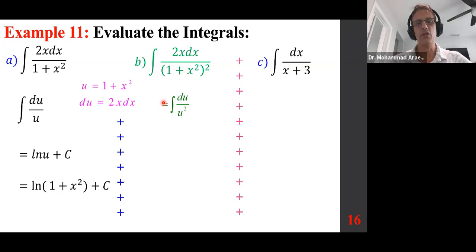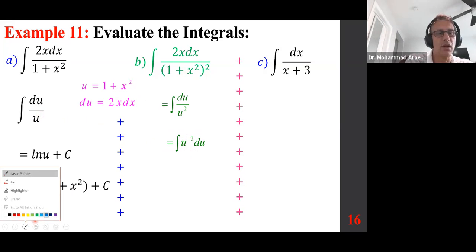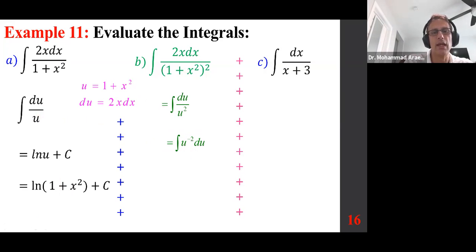Now, we use the same substitution for part B, but I want you to notice the difference. Now, we are going to bring the u up. Therefore, we notice that it's completely different when you compare it to A. And now we are using the power rule. U to the power of -2, we've seen it many times, but let's quickly look at this again.